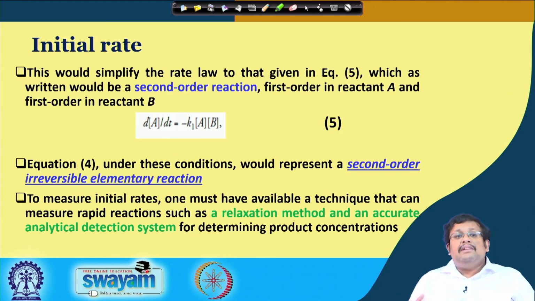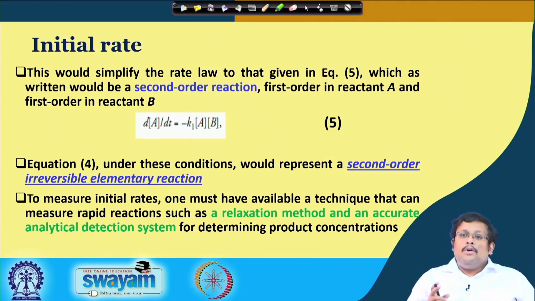Now, this would simplify the rate law given in equation 5. We have seen in equation 5 that dA by dt equals minus k1 times the concentration of reactant A and the concentration of reactant B, which is basically showing a second order reaction.